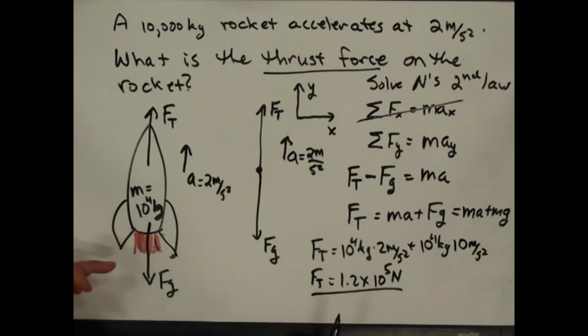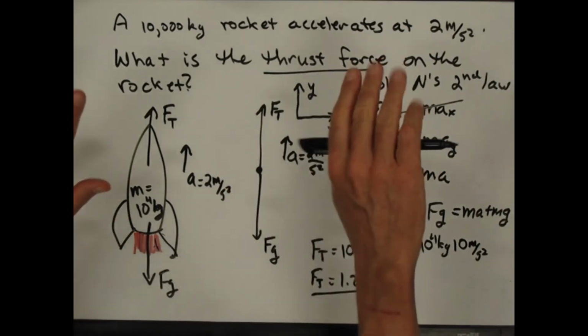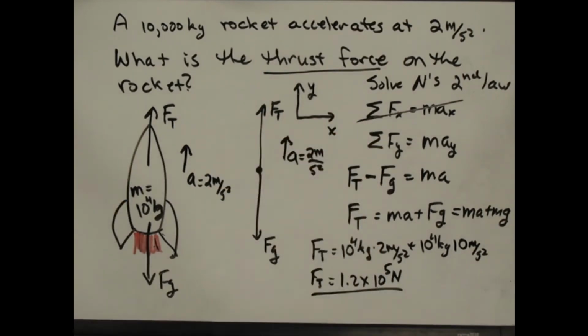As a side note, you might look and say, well, how does this thrust actually push up on the rocket, right? And the answer is, when a rocket fires fuel out the back, as the fuel gets pushed out the back, it pushes back on the rocket using Newton's third law.